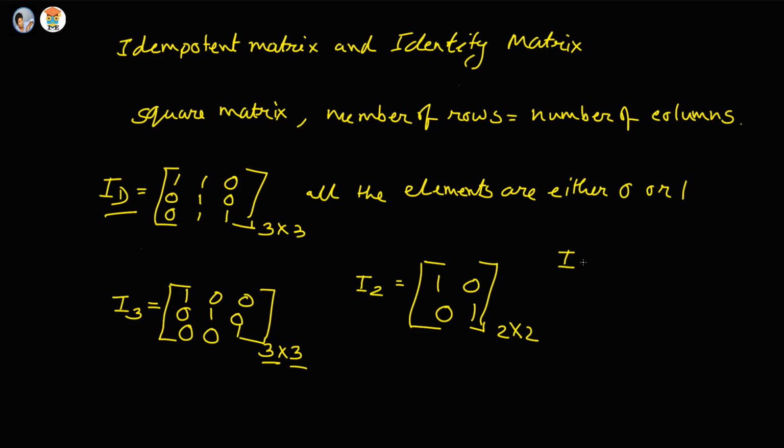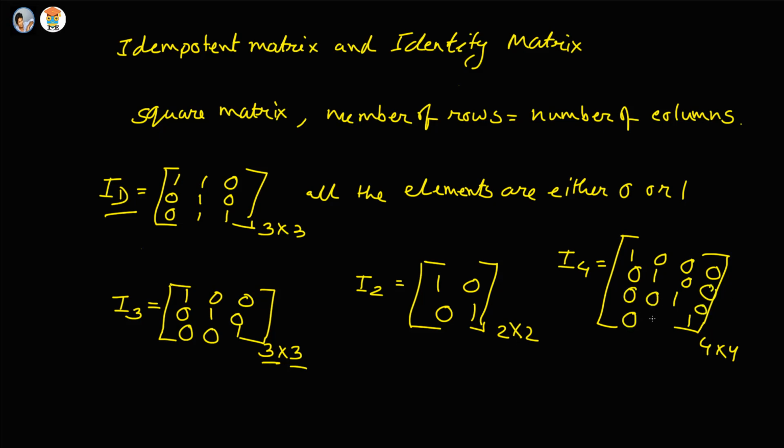If we want to write I4, that means this matrix will have 4 rows and 4 columns, 1 1 1 1 in principal diagonal, and 0s in all other places.